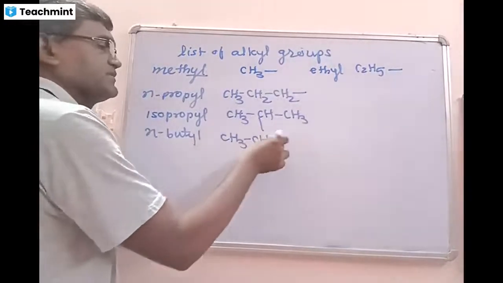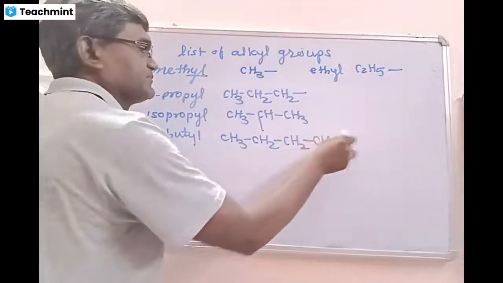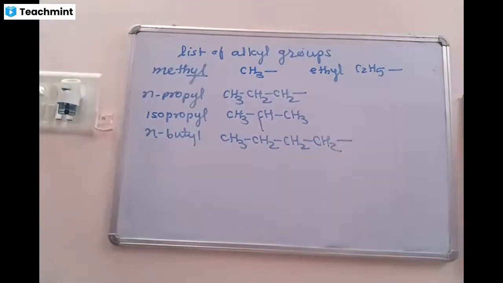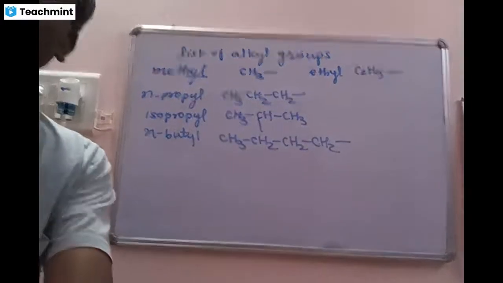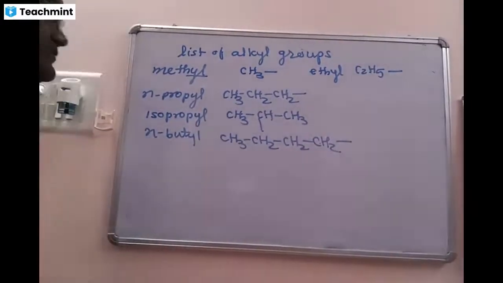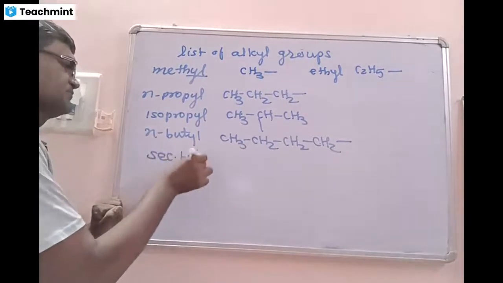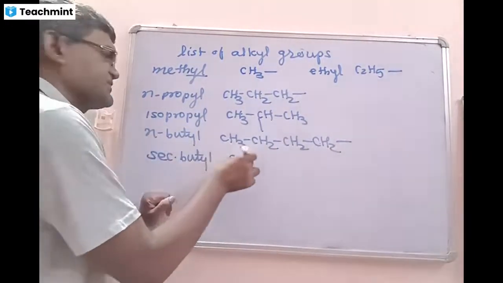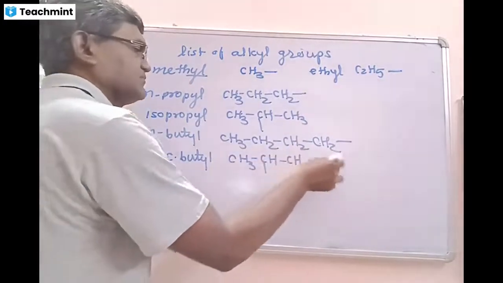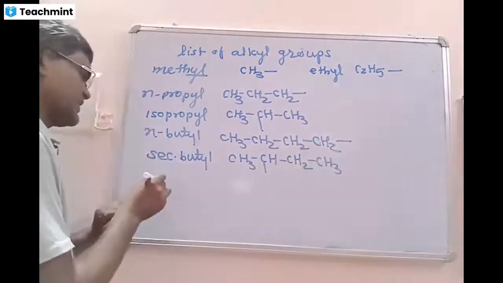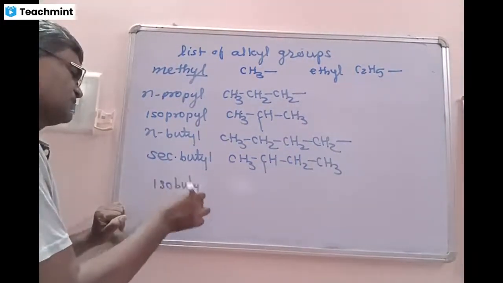And how it is? It is obtained by removing hydrogen from primary carbon. Then we have that secondary butyl. In case of secondary butyl, you can have that secondary carbon with less hydrogen. Then we can have that isobutyl.